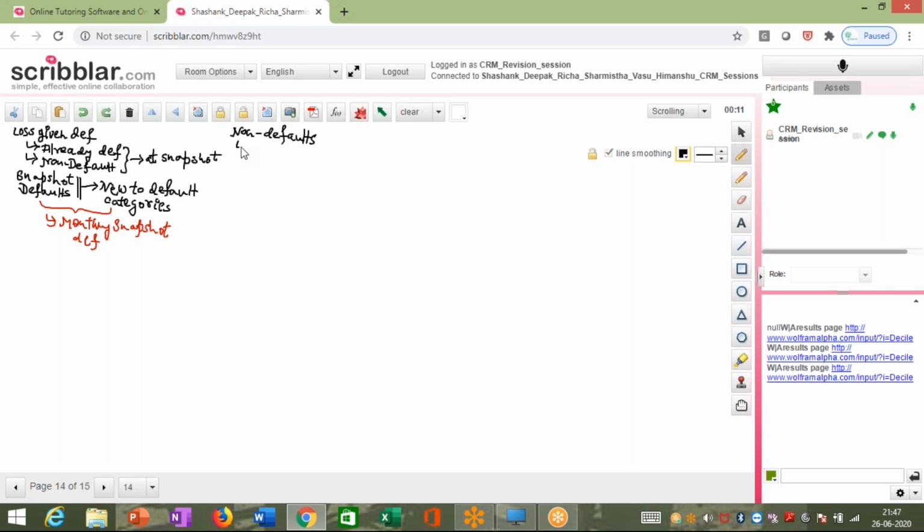So this base comes straight from the PD and the EAD base. As we know, the EAD base is a subset of the PD base, so this base is essentially the exposure at default base.